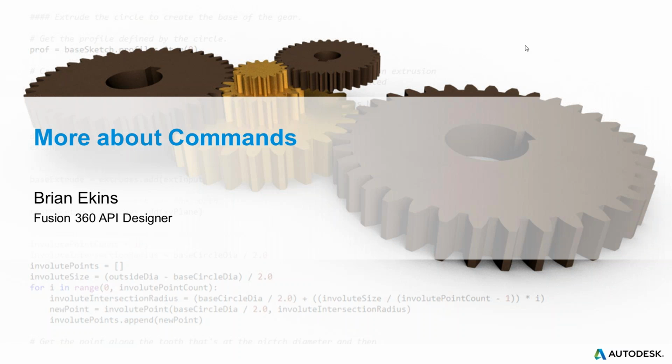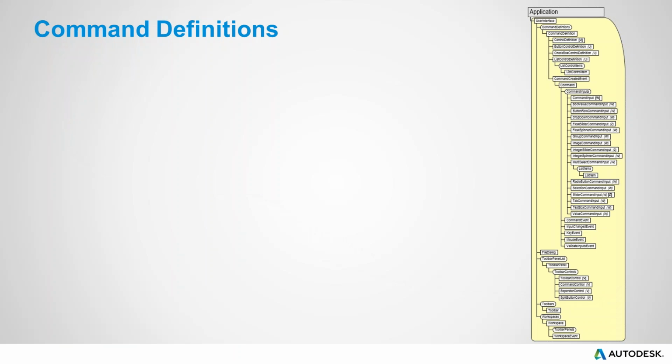So we spent a session earlier talking about what commands are in Fusion, so just a really quick review, and then we'll get into some more details. If you look at the object model chart, this is the section where all the command related, user interface related stuff is in this yellow box.